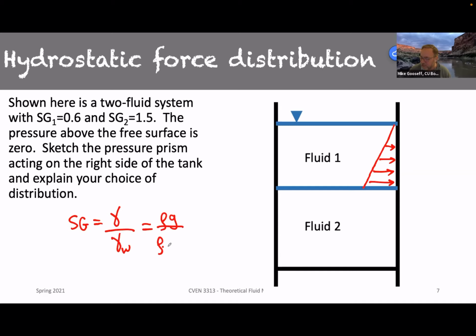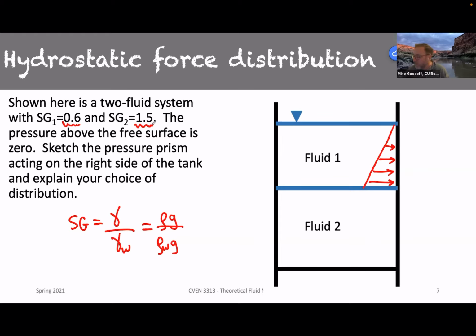So this is rho W gamma. What's happening here then is when we go from a specific gravity of 0.6 to 1.5, we are increasing density substantially, and when we do that, we're also increasing our specific weight.